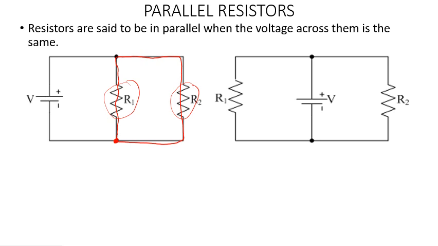If I move from this point all over to this side, and back, and I only meet the two resistors that I'm considering, those resistors are in parallel. Since R1 and R2 are in parallel, I can just denote it as R1 is in parallel with R2.